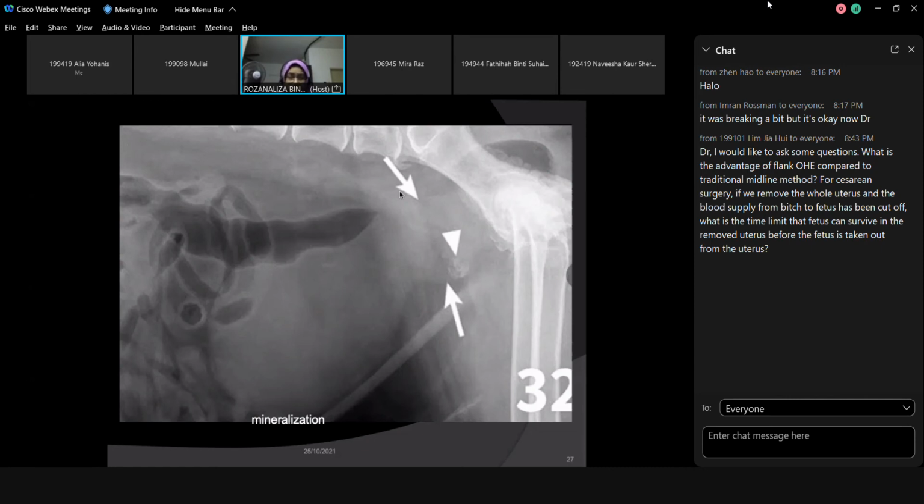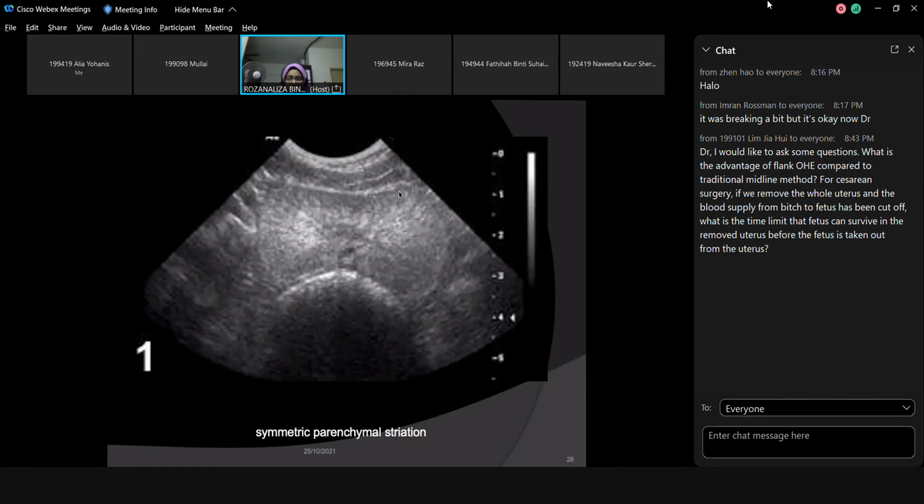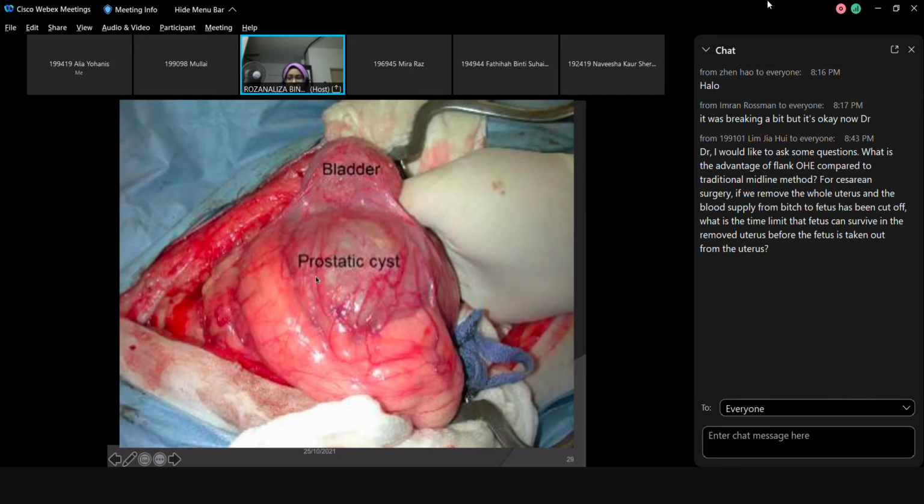If this is an abscess or a tumor, they will be quite irregular in size or feel. So this is BPH. You can see the symmetry. So this is okay.